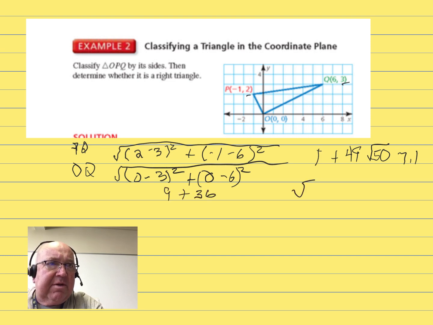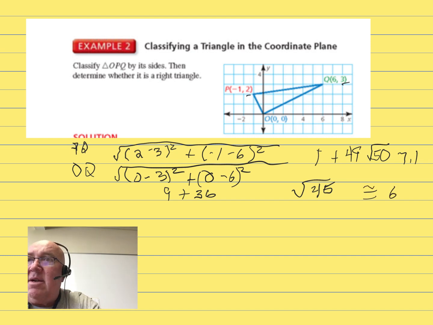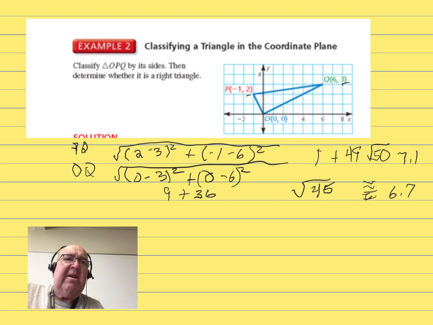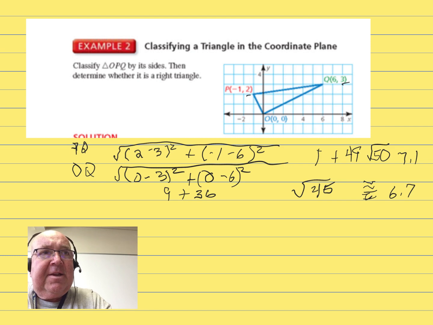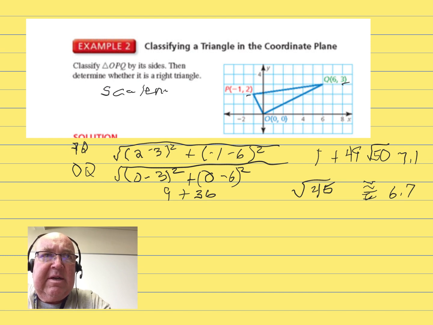So we're going to have the square root of 45, and that equals about 6.7. Not congruent. I just don't want to do the curvy equal sign. So this is a scalene triangle based upon its sides. None are equal or none are congruent.